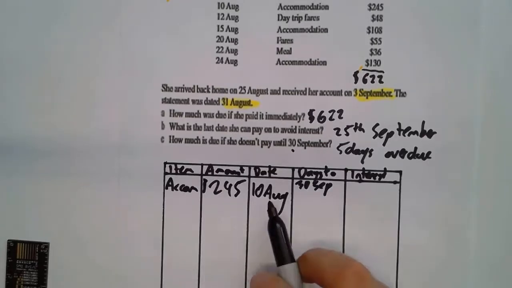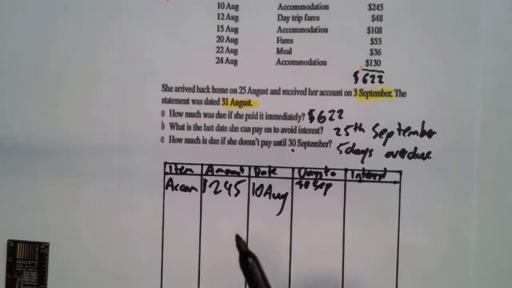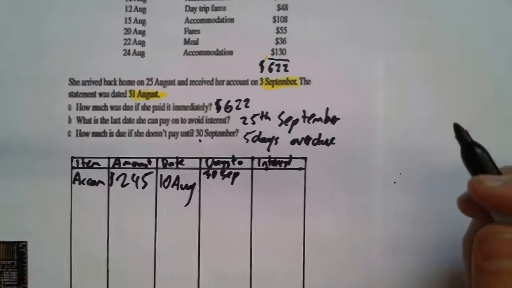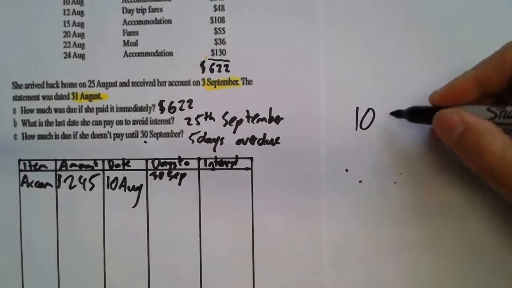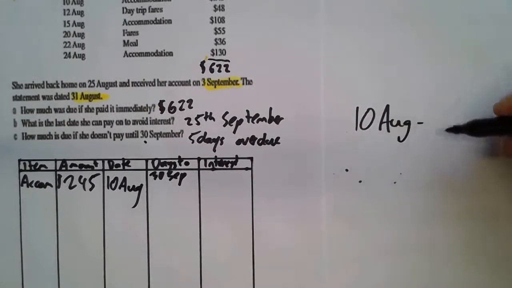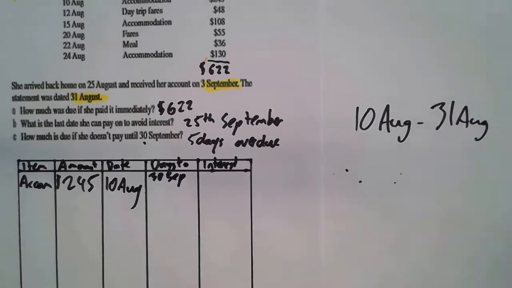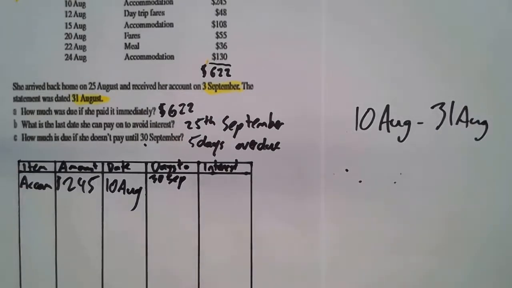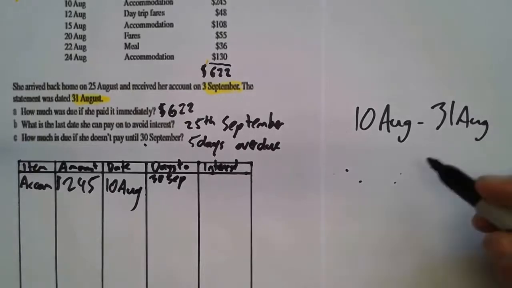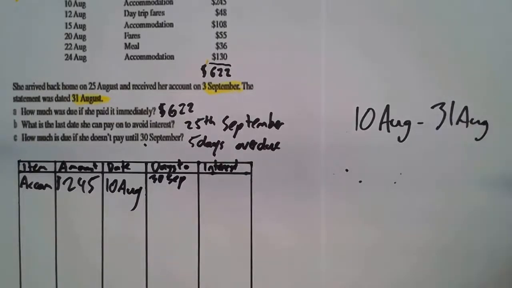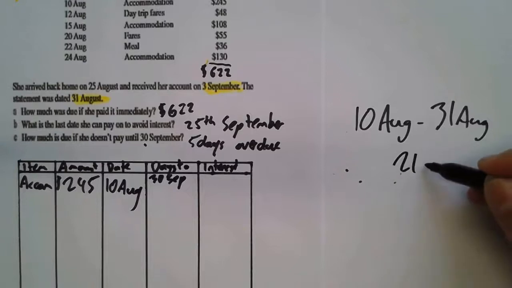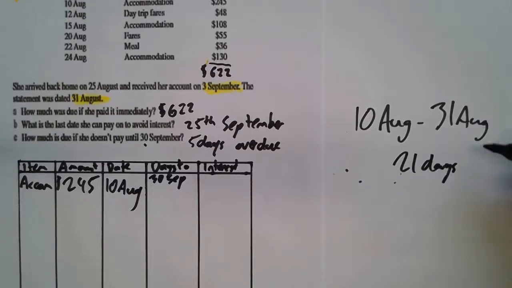So if I just looked at the 10th of August and how many days there are till the end of the month, you could easily say there's 21 days, because 31 take away 10 is 21 days. But that's not including the purchase date.